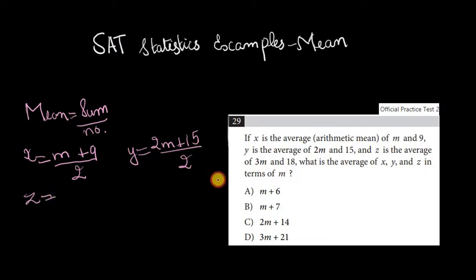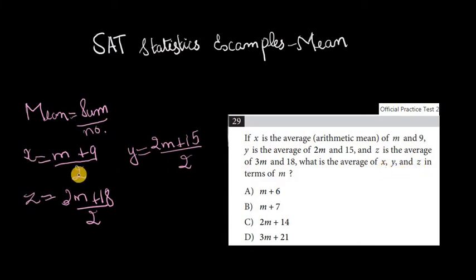The same for z. Z is going to be equal to 3m plus 18 divided by 2.